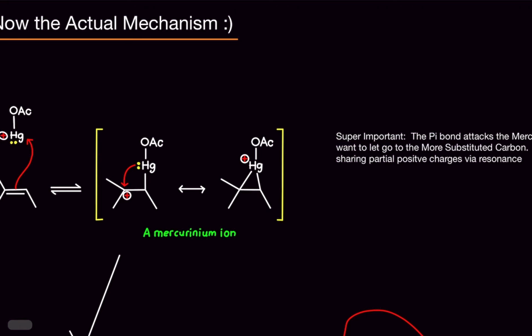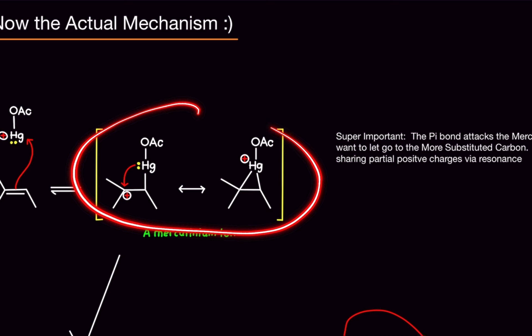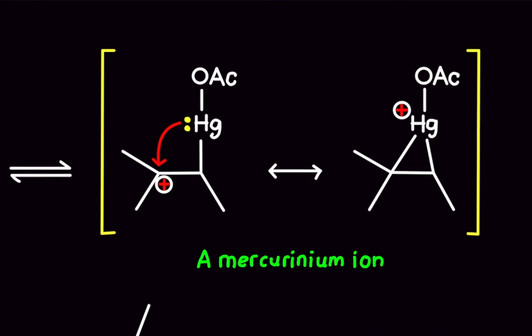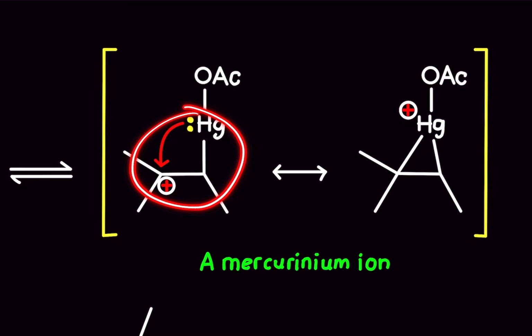Now, what's really happening is all of this happens immediately, super fast. We can legally not call this a carbocation because the mercury, which is already attached to the molecule, is attaching to the molecule itself, causing a ring to form.